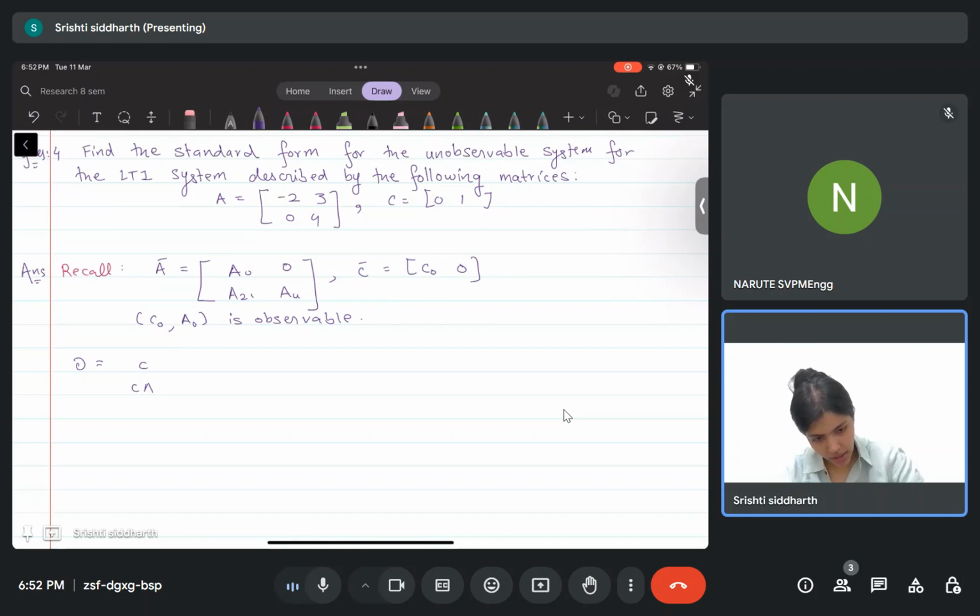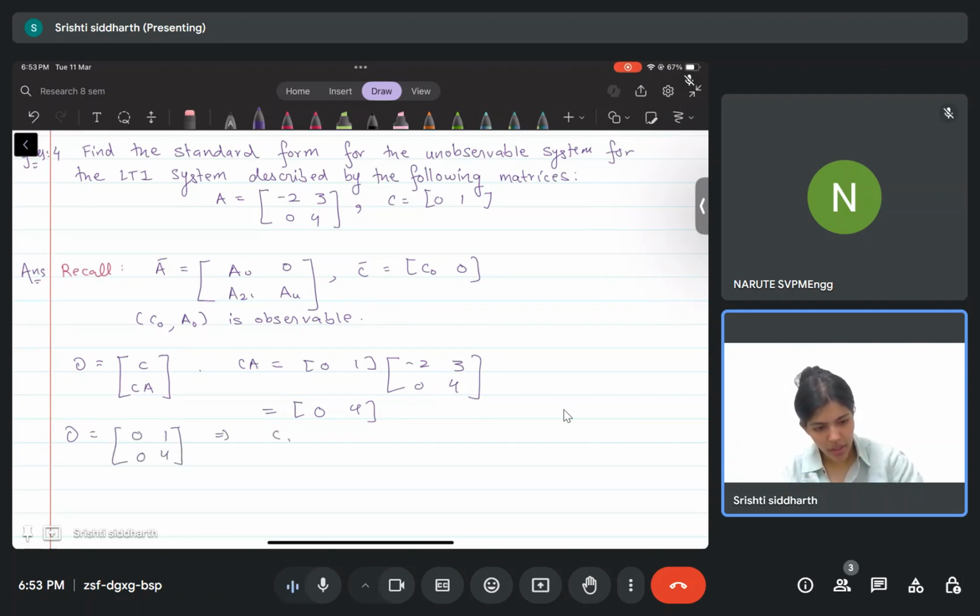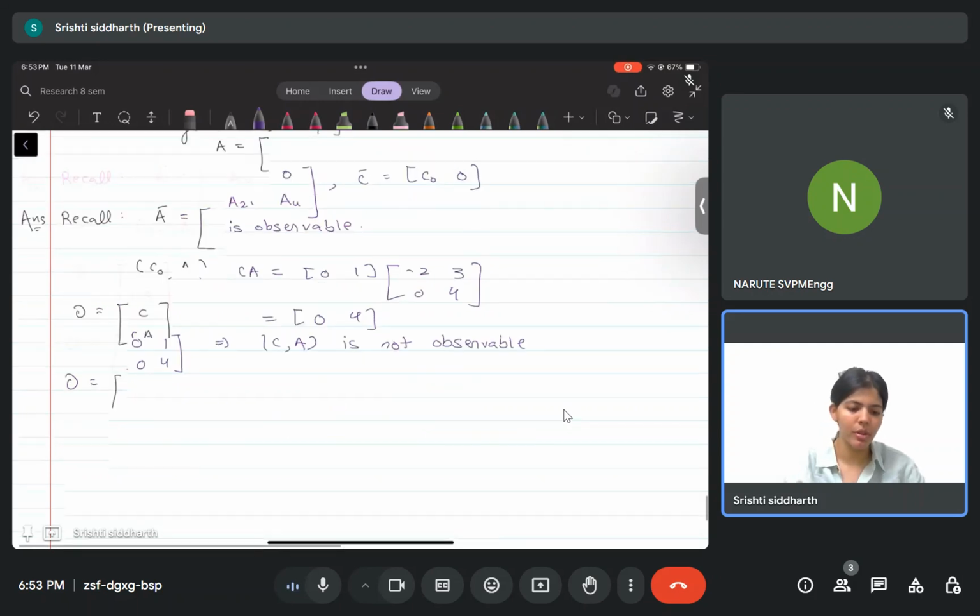We see that the pair (C, A) is not observable, so we need to transform it into the standard form for unobservable systems.